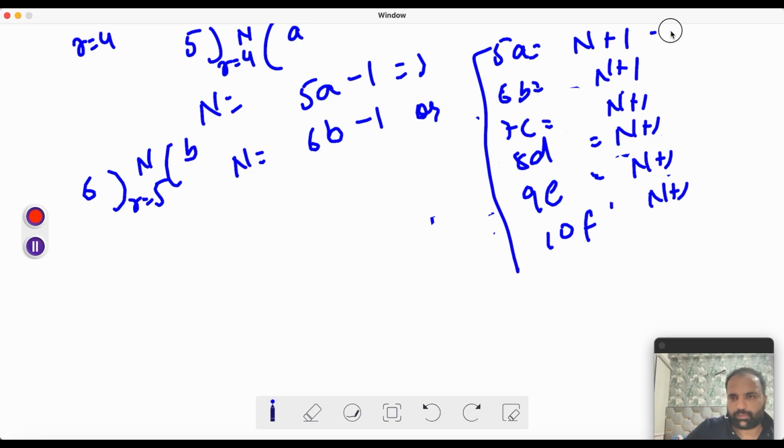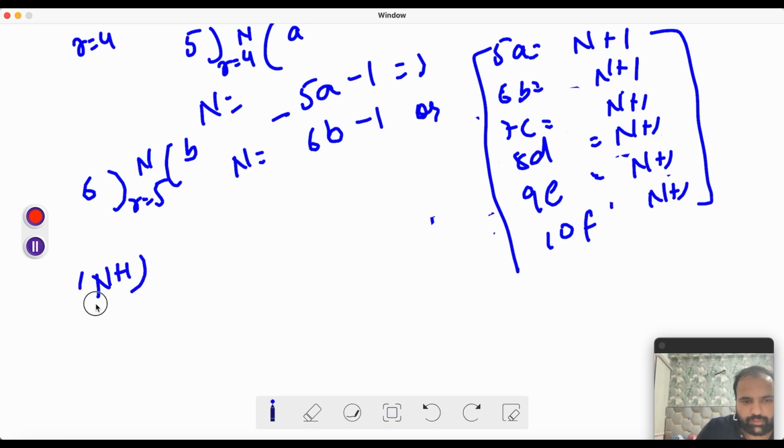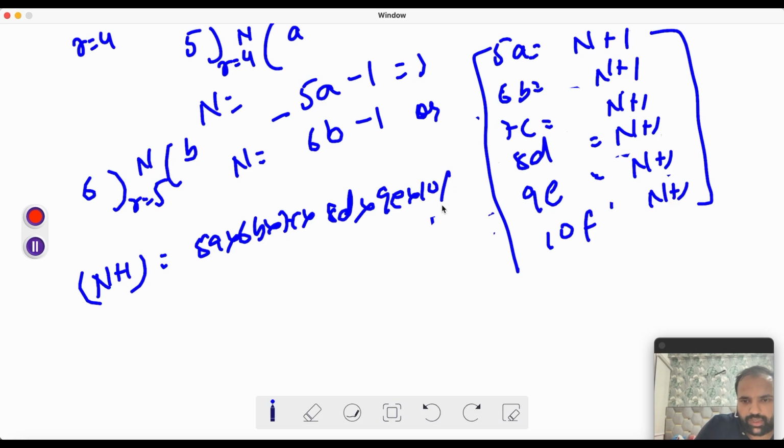Now see what has happened. This is where we started, and this far we have reached. We have converted each one of them into the value of n. So if I have to write what n plus 1 is, it would be 5a into 6p into 7c into 8d into 9e into 10f.